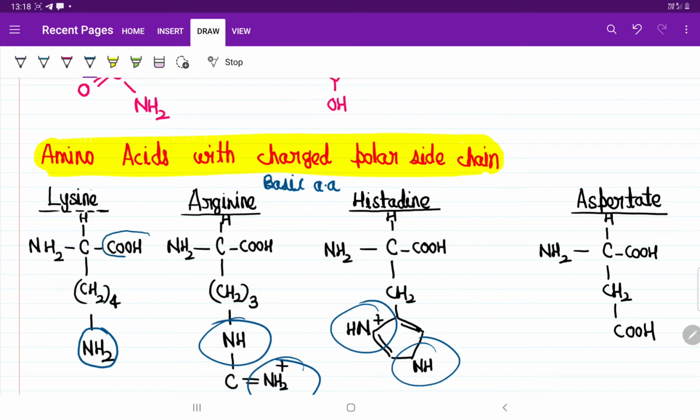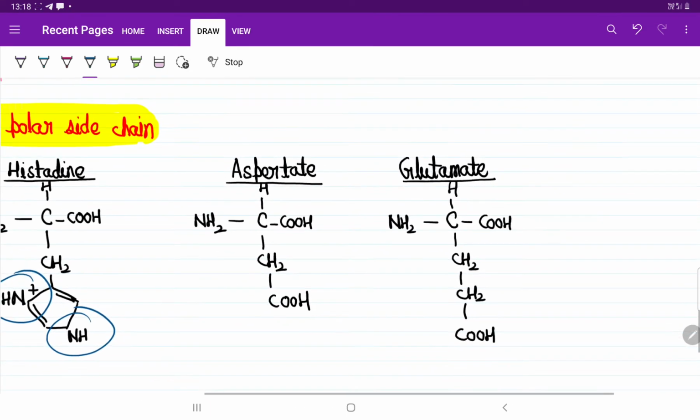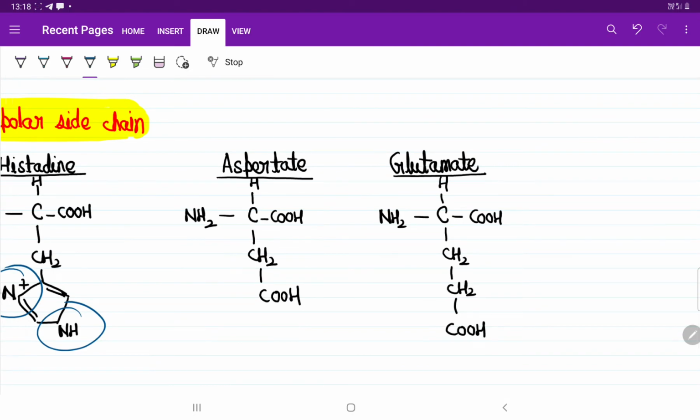Because they have only one carboxylic group but more than one amino group present. So arginine, lysine, histidine are examples of basic amino acids. And then aspartate and glutamate are examples of acidic amino acids, because in their side chain a carboxylic acid group is also present.